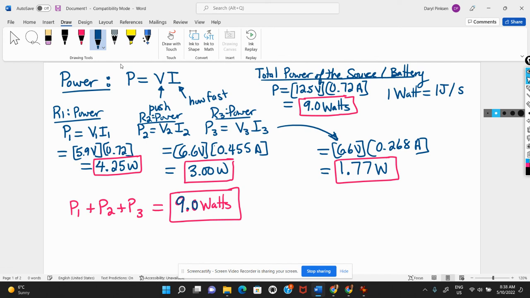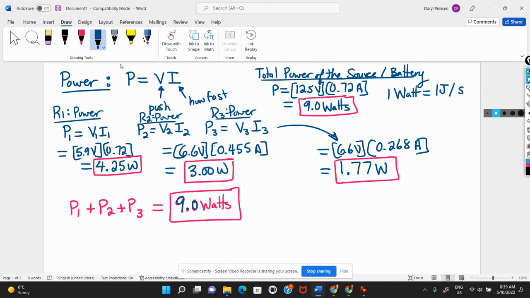You just calculate the voltage of R1, the current going through R1, the voltage of R2, the current going through R2, like that. And when you find the three powers, if there are more resistors, you just do it for each one. The voltage of that resistor multiplied by the current going through that resistor gives you the power. How many watts, how many joules per second are being transformed into some other kind of energy as it flows. A lot of times it's heat, but it could be anything else.